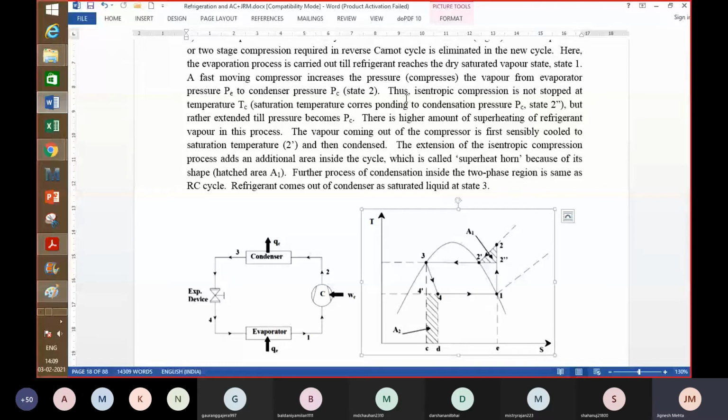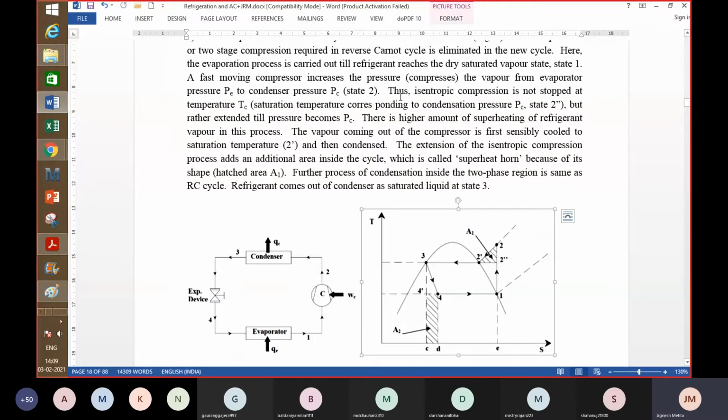While you are performing the compression, the temperature exceeds the condensation temperature, and exceeds beyond that. So you are not stopping at that point Tc and Pc. You are going further, up to Pc, right? You are not stopping at Tc, the condensing temperature or condenser temperature. You're going up to a somewhat higher pressure, up to this higher temperature, up to this point, right?